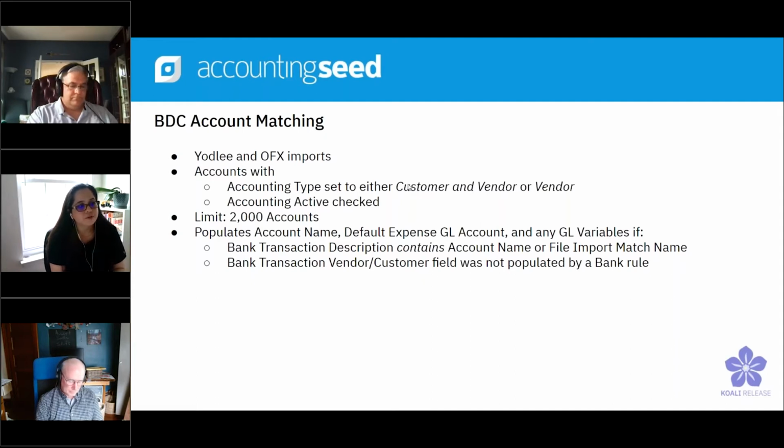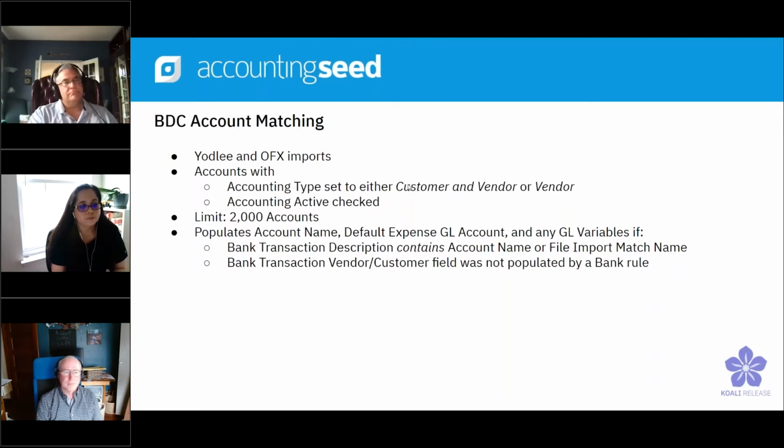So we continue to support Yodlee and file import, OFX and QFX imports. Also, accounts still are required to have their accounting type set to either customer and vendor, or the vendor value. And the accounting active checkbox must be checked.